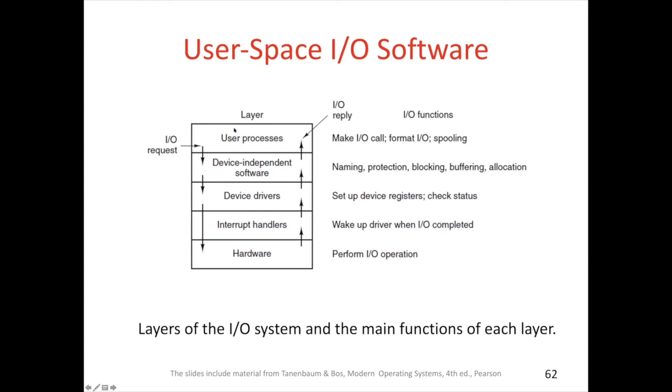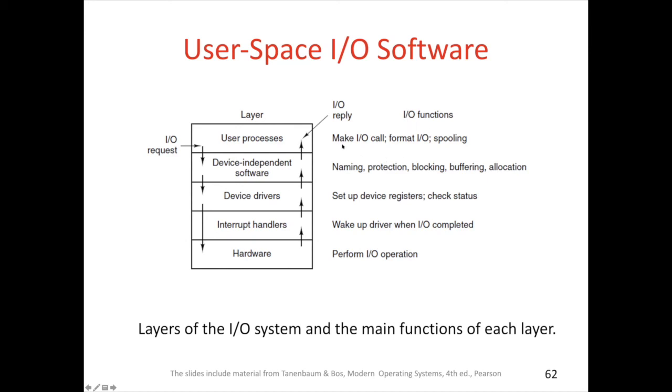When I/O is requested by the user process, it goes through device-independent software, device drivers, interrupt handlers, and hardware. After the request is completed, it returns from the bottom layer, the hardware layer, to the user process layer. This is the input-output reply.